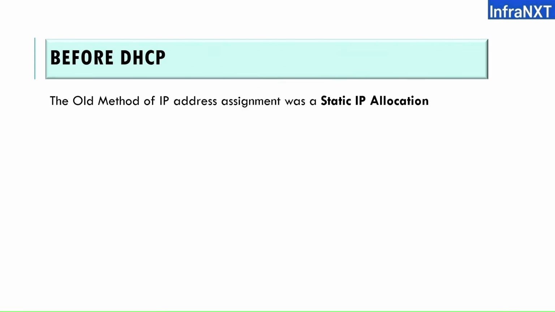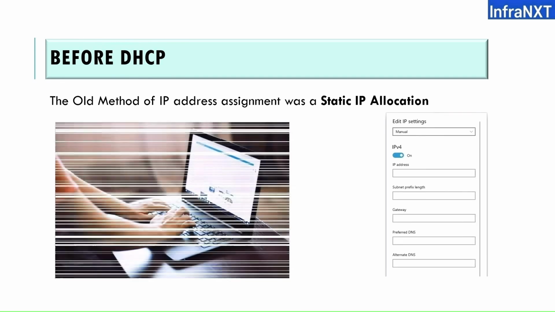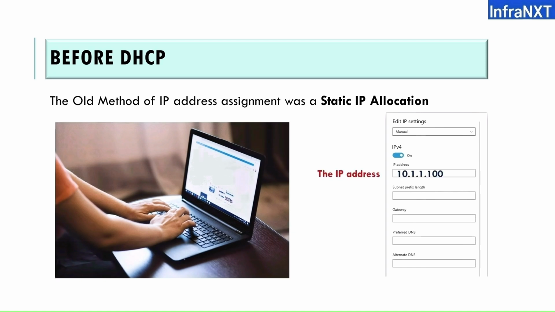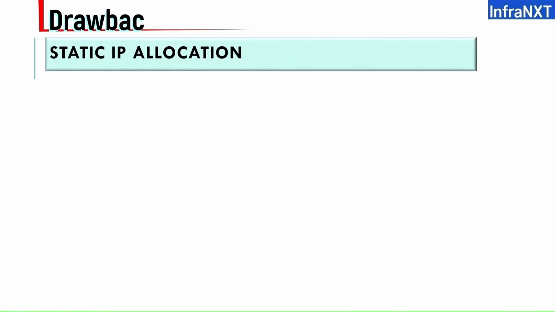Before DHCP, the traditional method of IP address assignment was static IP address allocation. In this case, the administrator used to feed the IP address details, subnet mask, gateway, and the DNS details to the end equipments. Let's understand some of the drawbacks of static IP allocation.